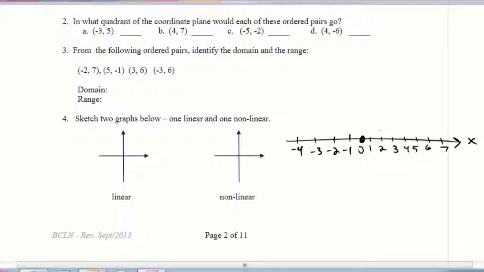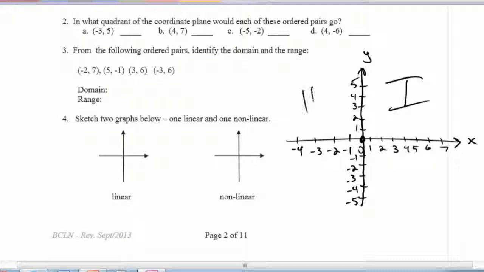Now, what if I took another number line and I drew it this way with an intersection at that 0 point, and I called all of these values my y values. So everything going up is positive 1, 2, 3, 4, 5, and everything going down is negative. The quadrants, that's a tricky one.